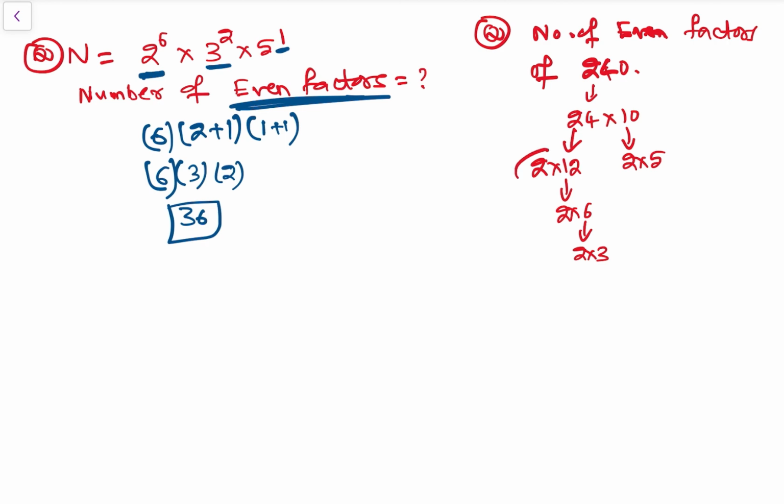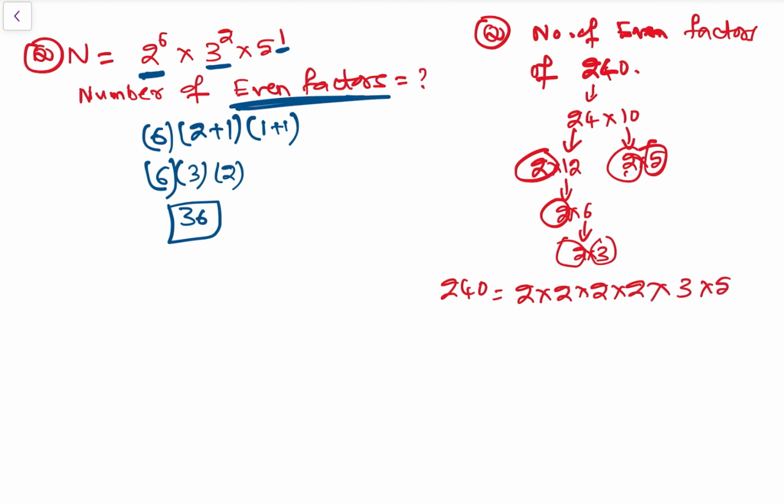So that would be prime numbers we are taking. So 240 is equal to 2 into 2 into 2 into 2 into 3 into 5. So that is 2 to the power 4 into 3 to the power 1 into 5 to the power 1.